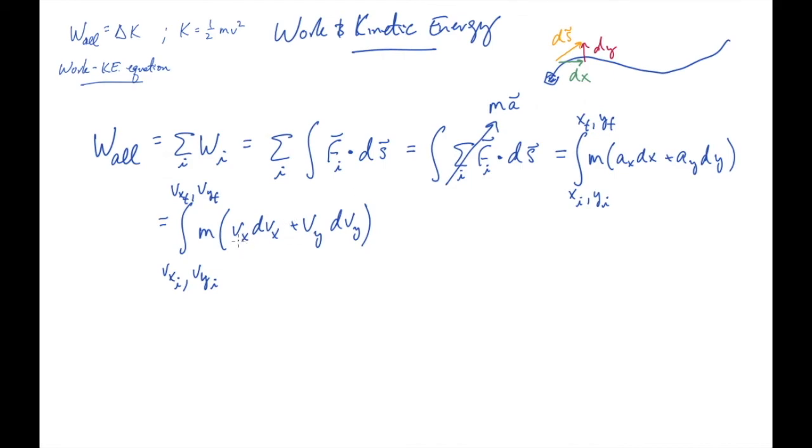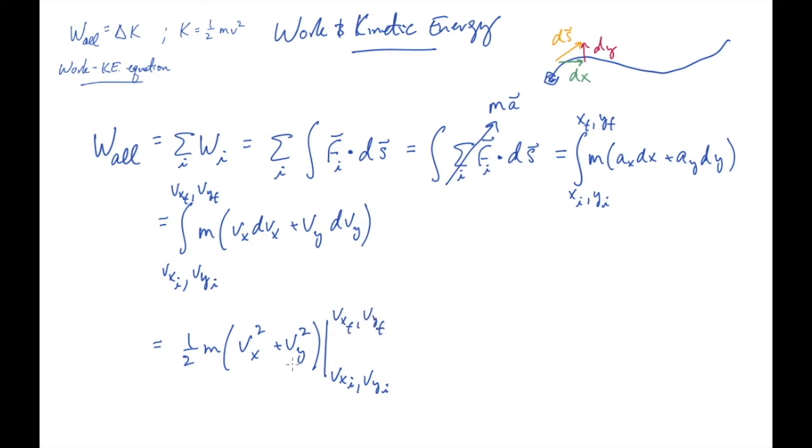These integrals are easy to do. It's just the integral of something d something plus something d something. And that's going to give us half the something squared. So we end up with half m, vx squared plus vy squared, evaluated at our limits, vx initial, vy initial to the final.